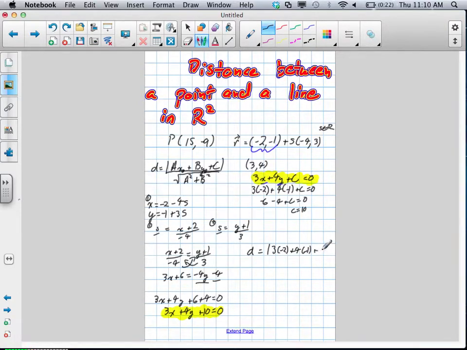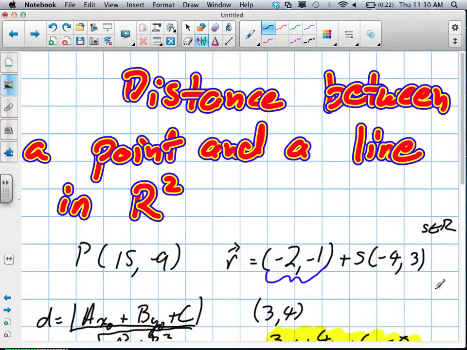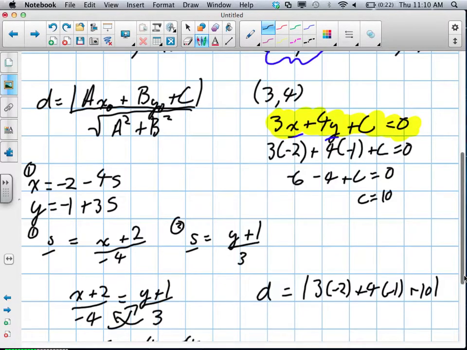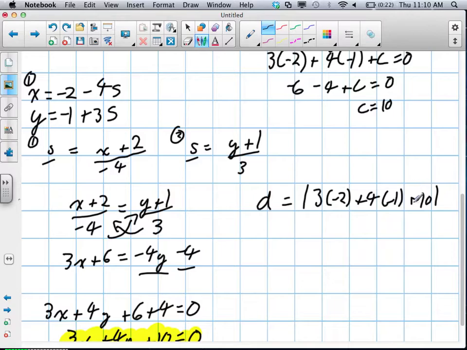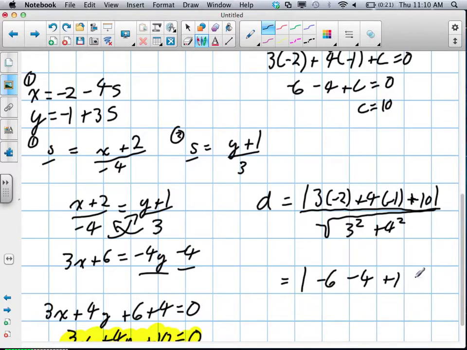And our C value is 10. All over the root of a squared, which is 3 squared, plus b squared, 4 squared. So, absolute value of -6 minus 4 plus 10.